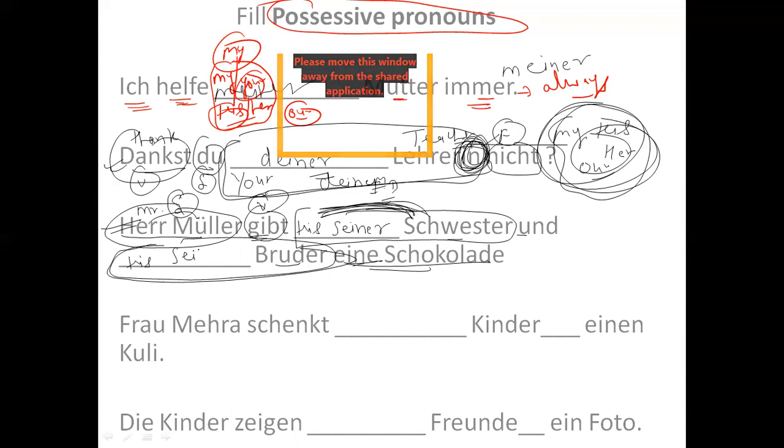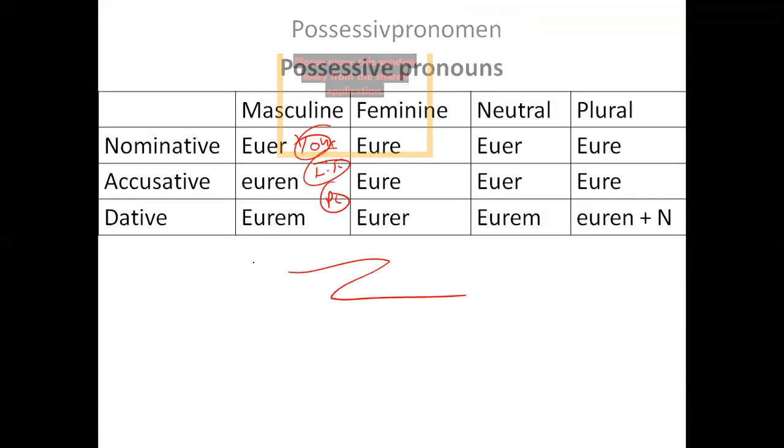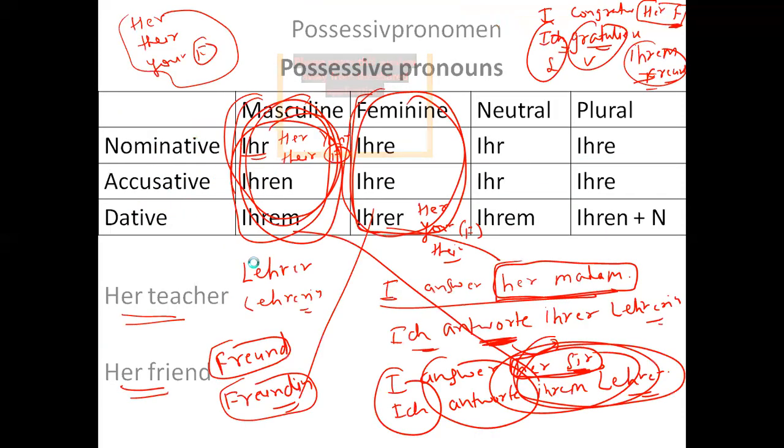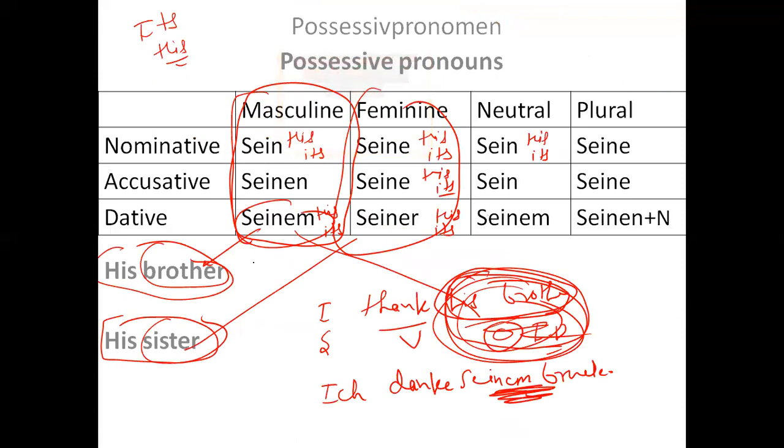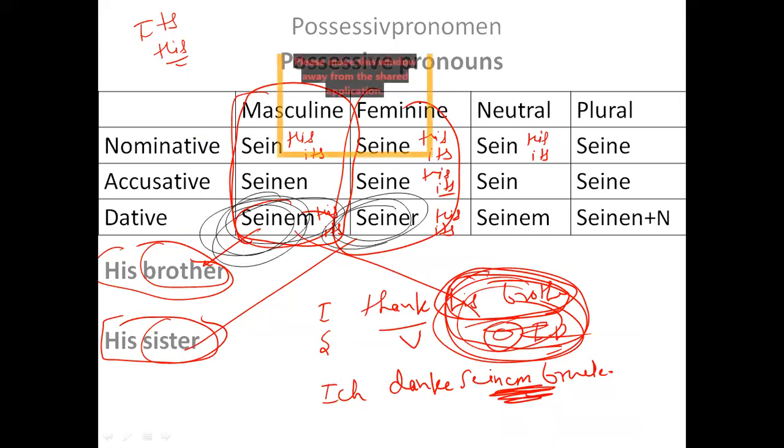Hence seinem, right? Because if I see the table of his, so here is the table of his. So his brother would be seinem, and his sister would be seiner, right? Masculine and feminine. So you have to be careful about this.